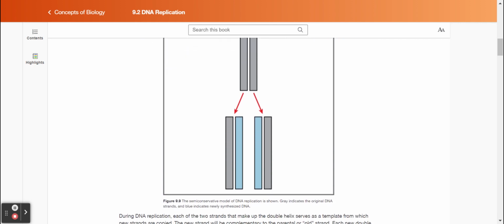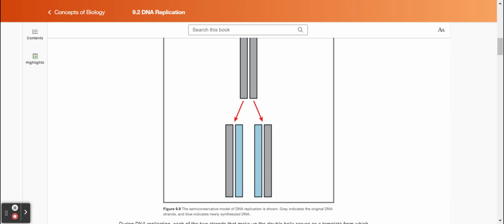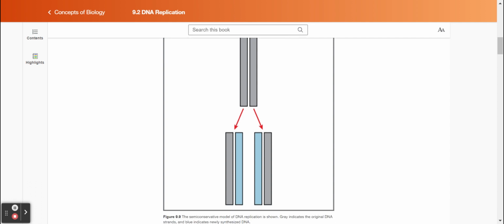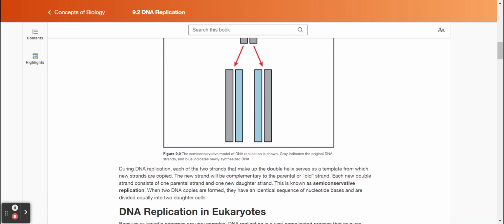Figure 9.9. The semi-conservative model of DNA replication is shown. Gray indicates the original DNA strands, and blue indicates the newly synthesized DNA. During DNA replication, each of the two strands that make up the double helix serves as a template from which new strands are copied.